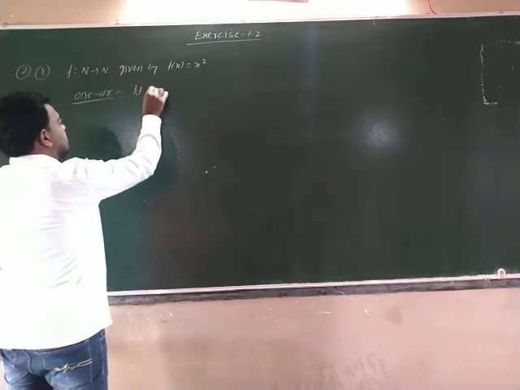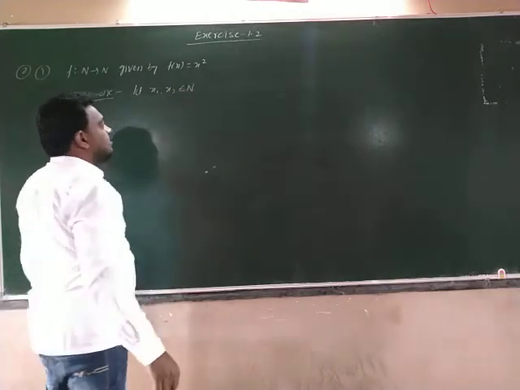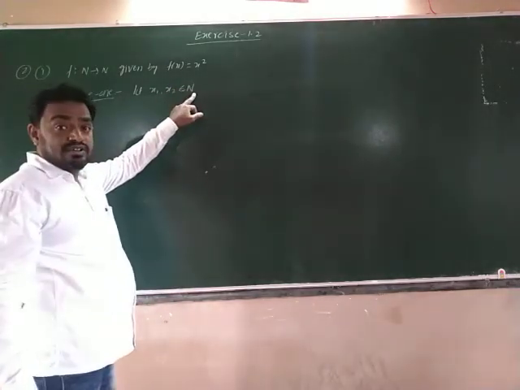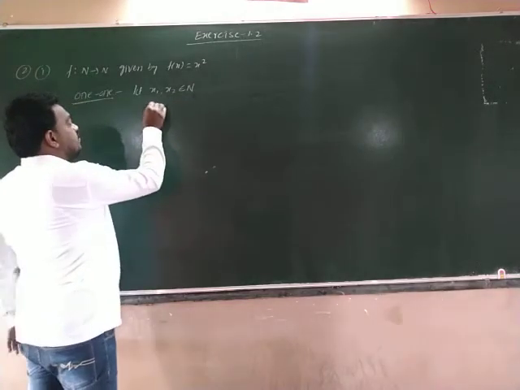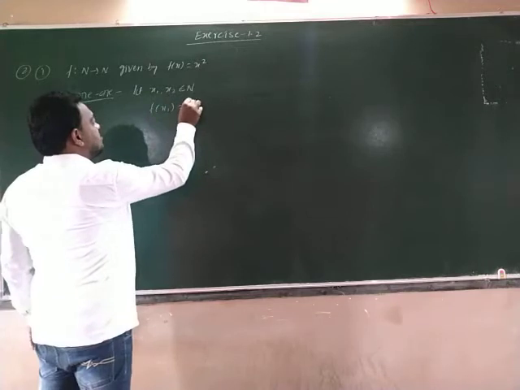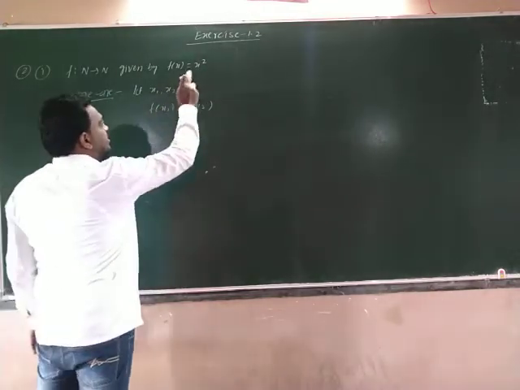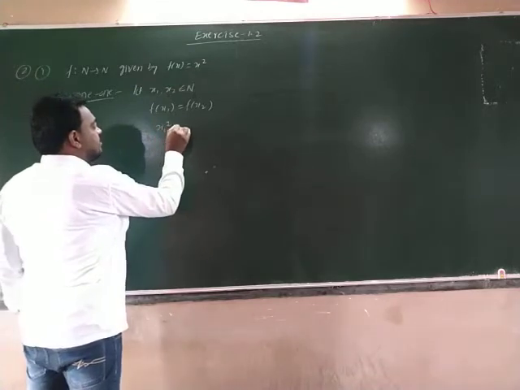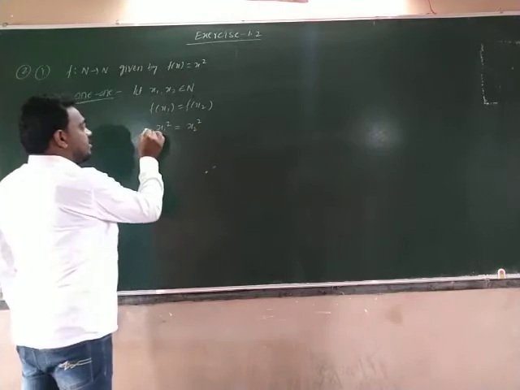Let x1, x2 belong to N, natural numbers, that is, positive integers only, and f of x1 is equal to f of x2. F of x1, that is nothing but x1 square, is equal to f of x2, nothing but x2 square.